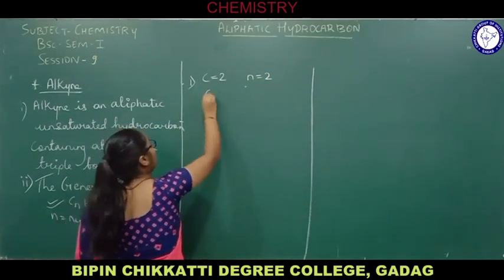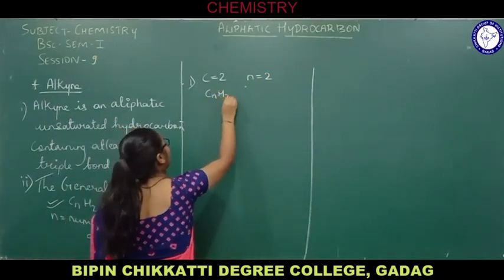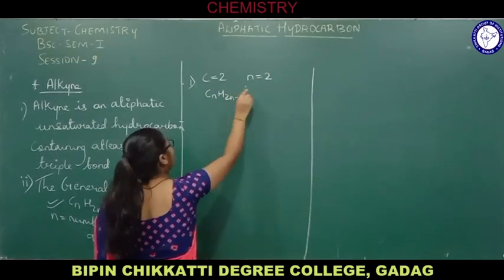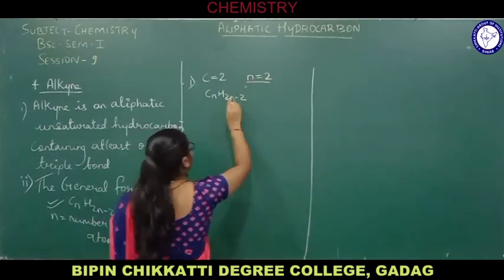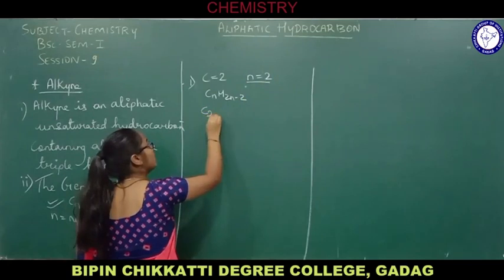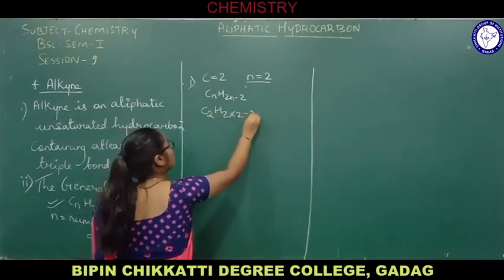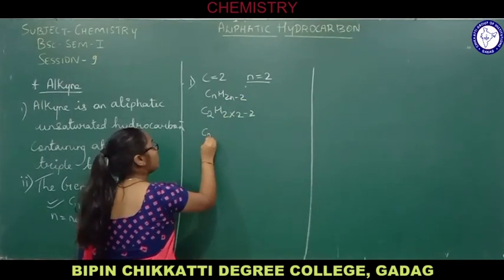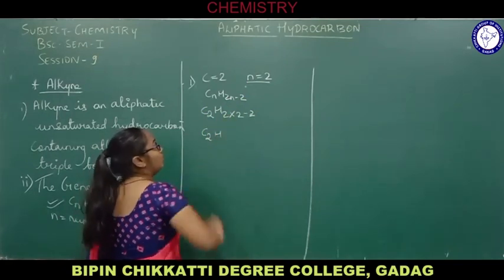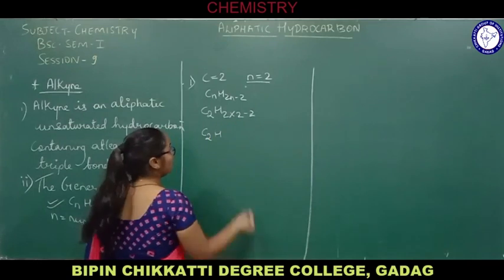So what is the general formula for the alkyne? CnH2n-2. So let's substitute this n into the general formula. So n is 2, H is 2 into 2 minus 2. So this becomes C2H, 2 2s are 4, 4 minus 2 is 2.